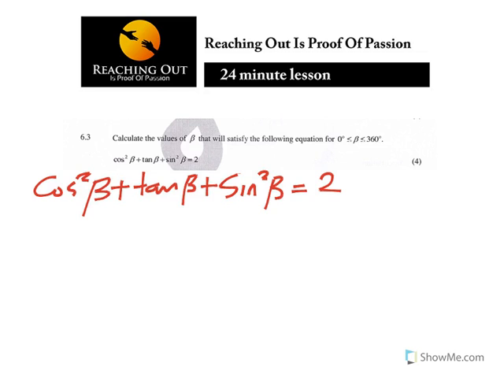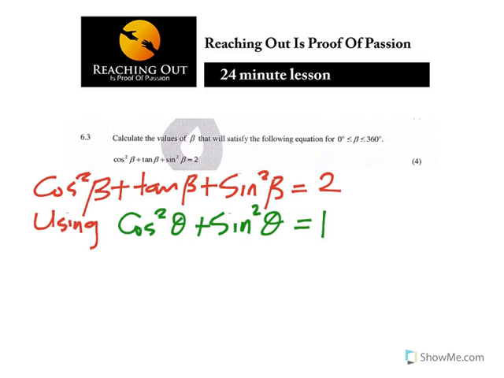Now, using, if I can write it in a different pen, remember, cos squared theta plus sine squared theta is equal to 1.